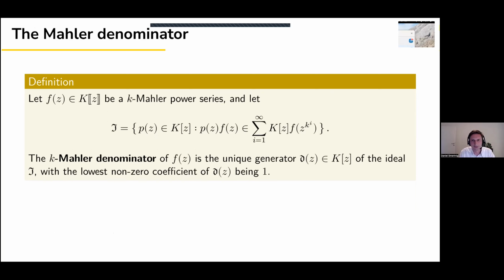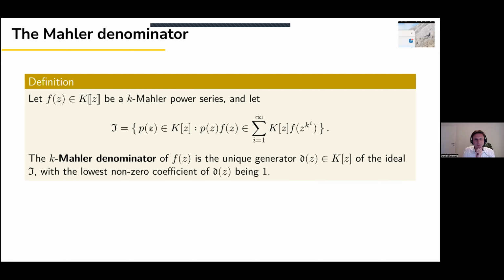And for this, I need to introduce one more small definition. If we have a K-Mahler power series, then we can look for the GCD of all the P0s that appear in such equations. Well, this is an ideal.